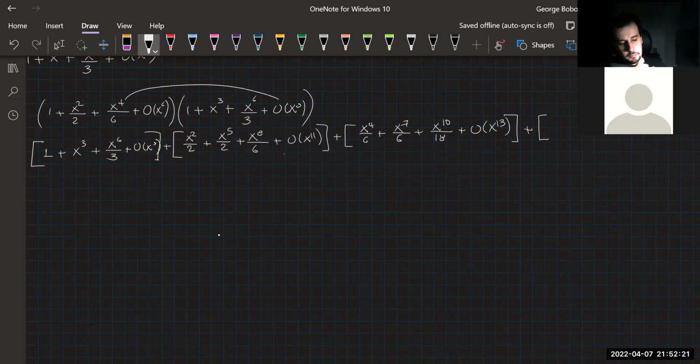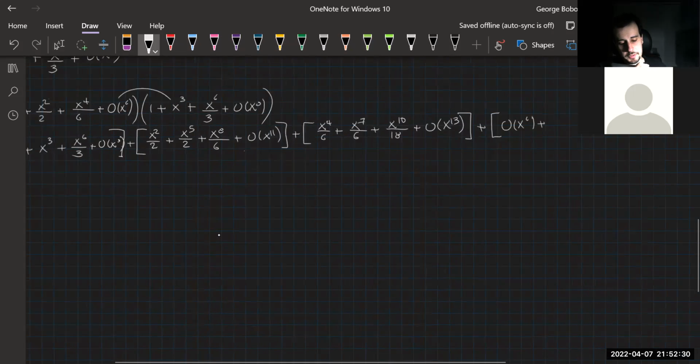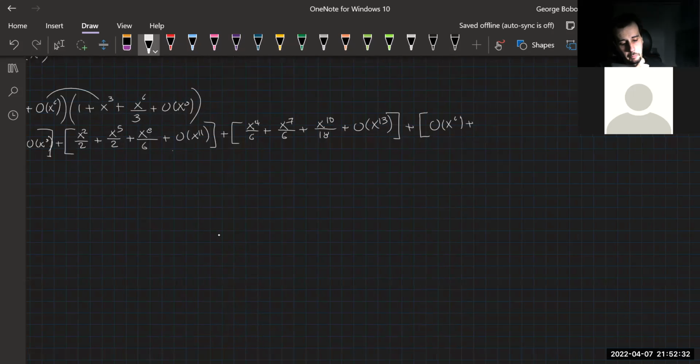Okay. And then the last bit here. This will give me other terms of power 6, other terms of power 9. Okay, other terms of power 12. And other terms of power 15.